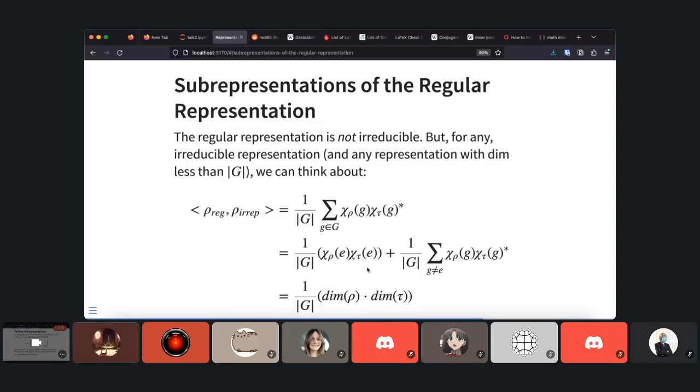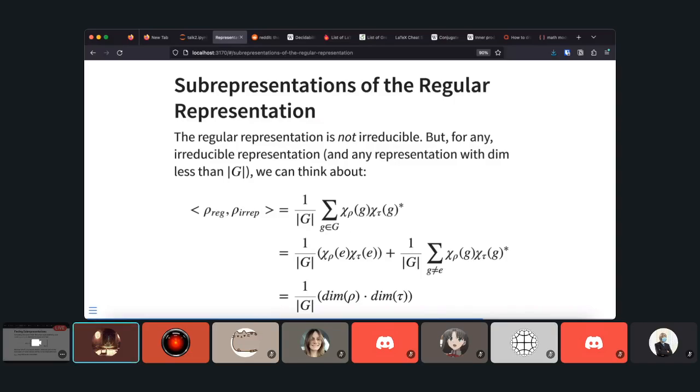For the regular representation, for everything that isn't the identity, the character is just 0. So this right sum totally disappears, and all we're left with is the character for the identity, but that is just ones along the diagonal. And so that's just the dimension.